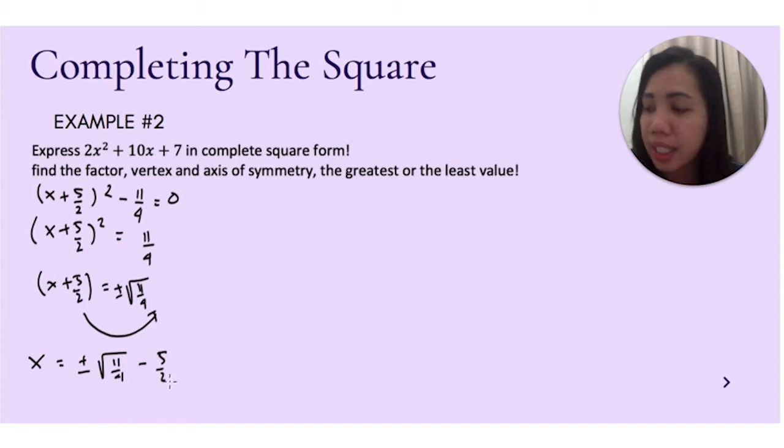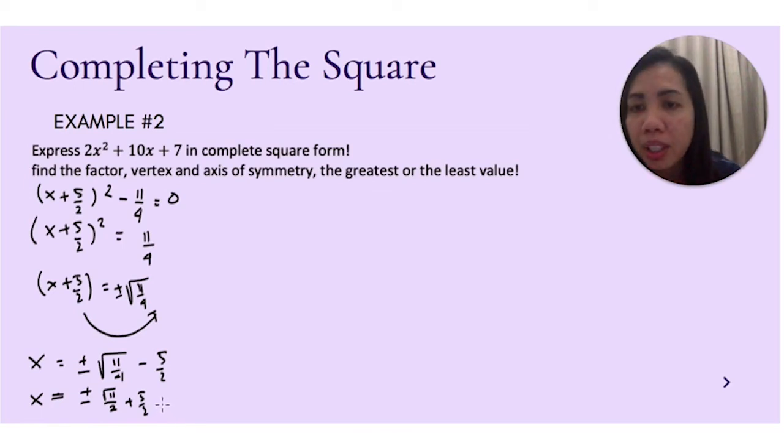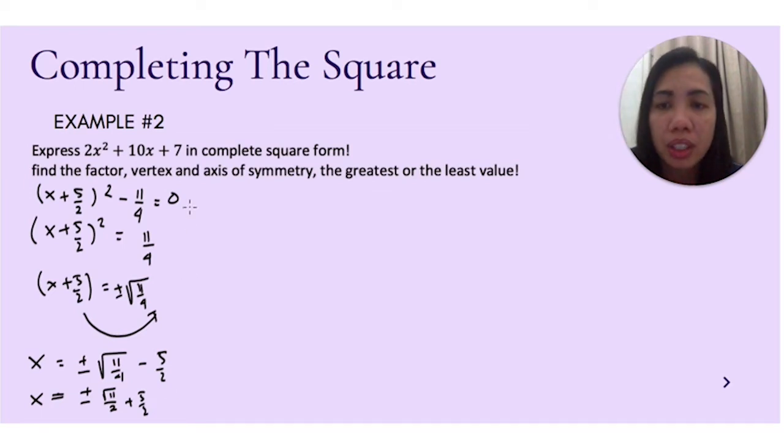This is actually the answer, or you can simplify this 4 more. You take the square root of 4, so x equals positive or negative the square root of 11 on 2, minus 5 on 2. So this is the final answer for the factor of this expression.